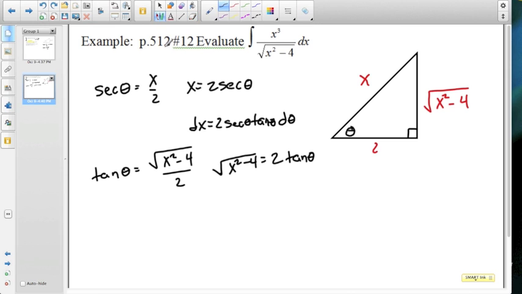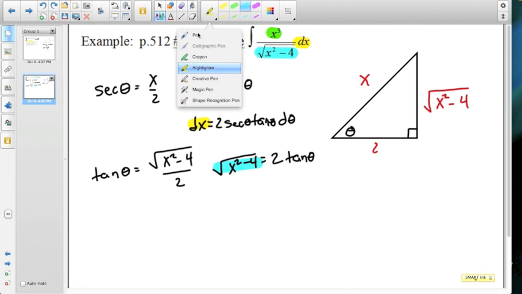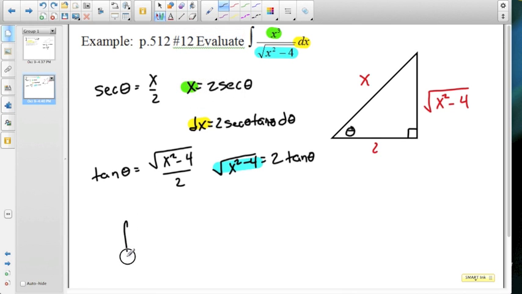So now we can substitute out our differential dx. We can substitute out an expression for x, but we will have to cube it. And we can substitute out an expression for our radical. Once we put all of that in the integral, our expression for x is 2 secant theta.